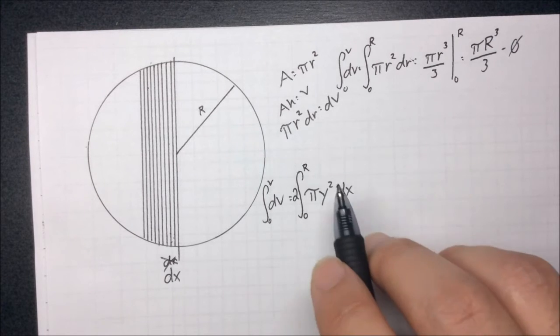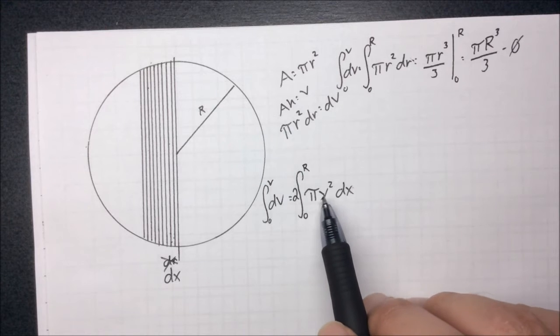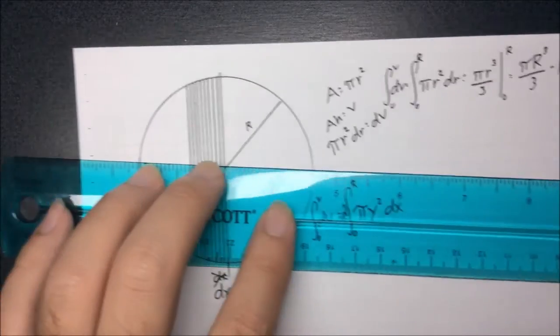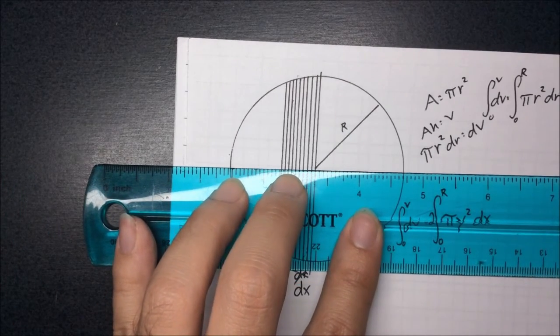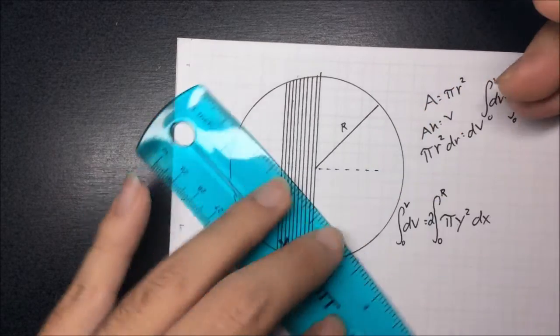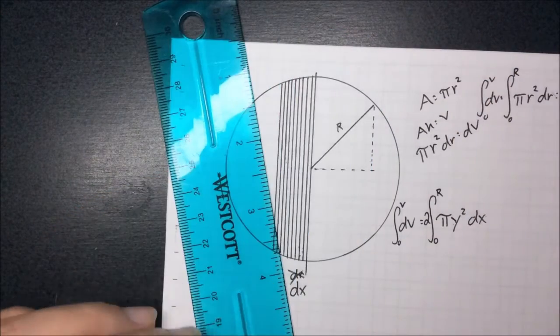Alright, so with this calculus, we can't integrate when we have these two things being different. This is y and this is x, and so I need to try to make them the same. So the way that we do that is to go back over here, and we need to figure out the relationship between x and y. And the relationship is the triangle, right?